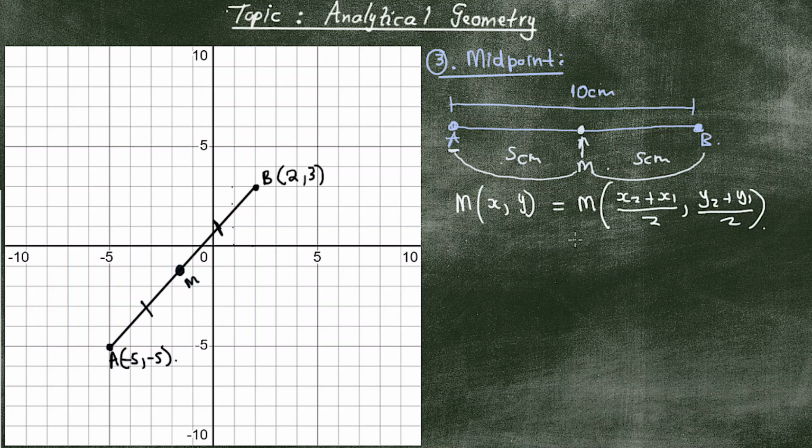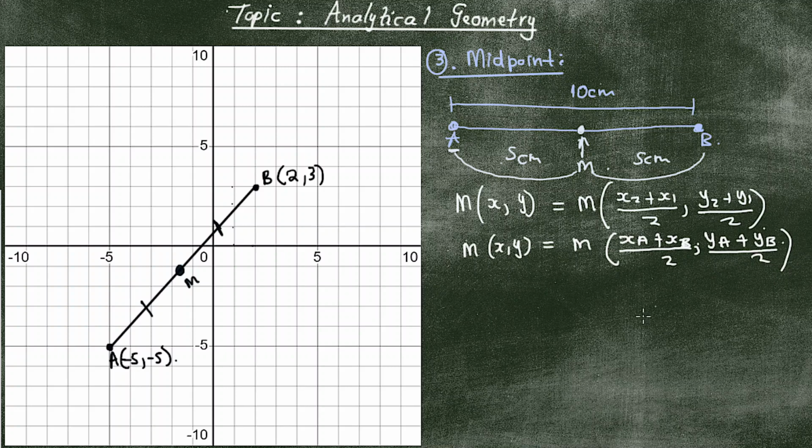Embarrassing, but let me borrow another. (x, y) is equal to M, open bracket, x of A, I mean B, over 2. But guys, it doesn't affect your calculations or your marks if you don't put A and B here.